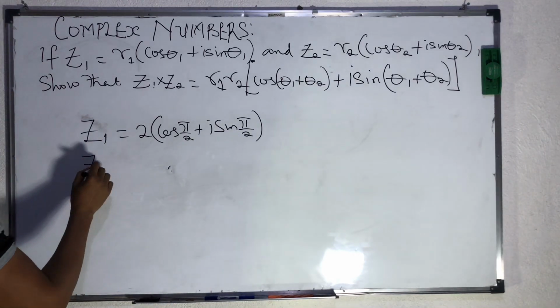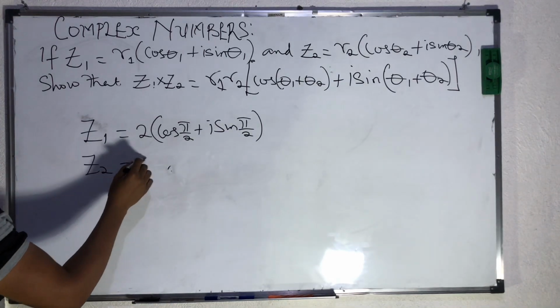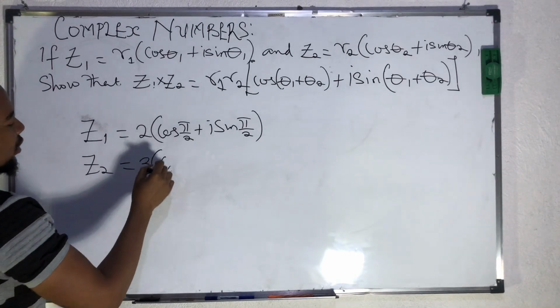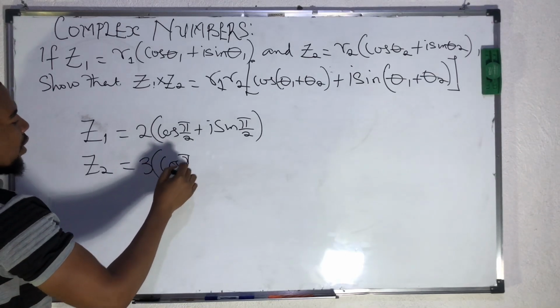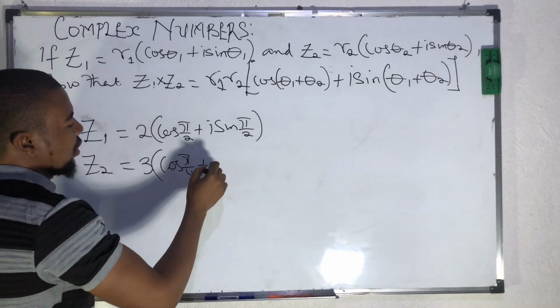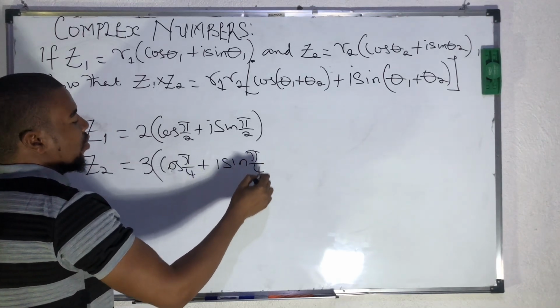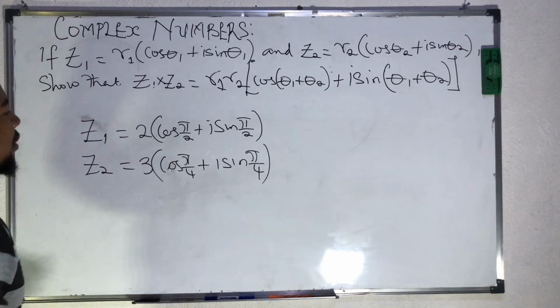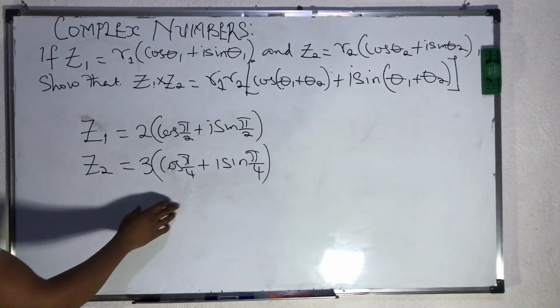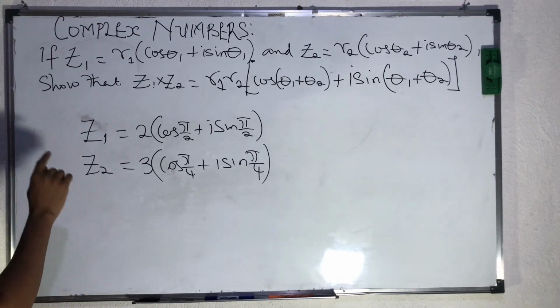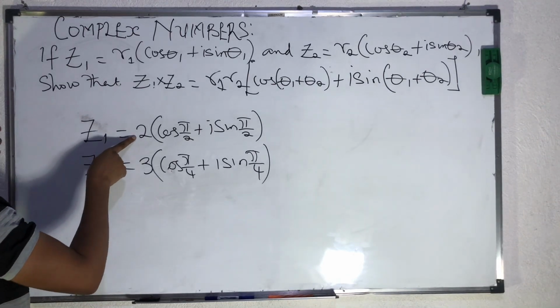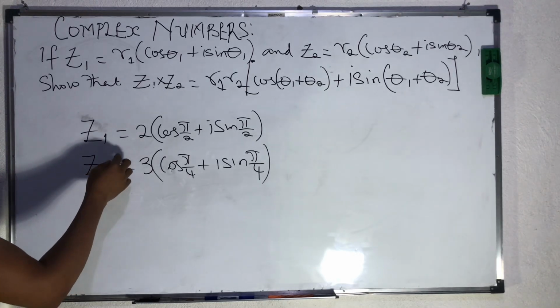And the second one, z2, is equal to 3(cos π/4 + i sin π/4).